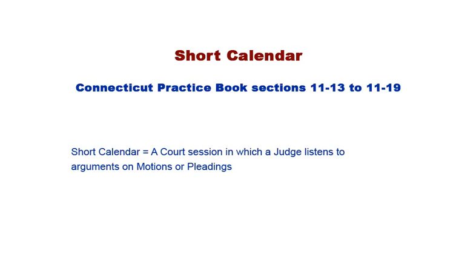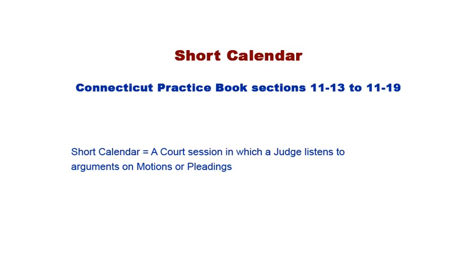The arguable short calendar is a list of cases for which a hearing by a judge or magistrate is requested or required. Short calendar sessions for arguable matters may be conducted in a courtroom or remotely. Several cases are scheduled during short calendar, and the judge or magistrate will address the cases one at a time.